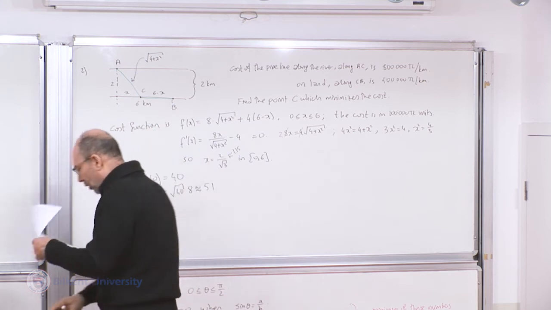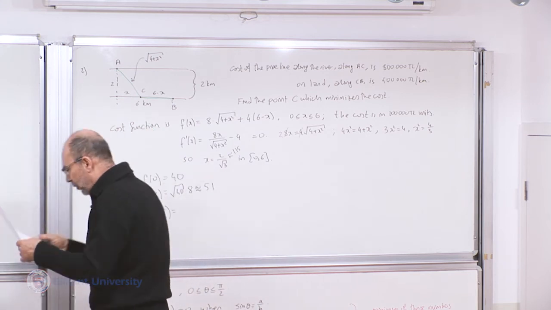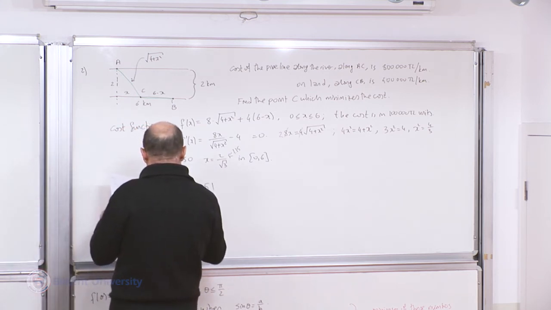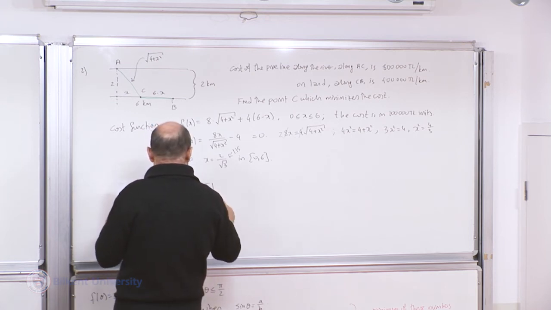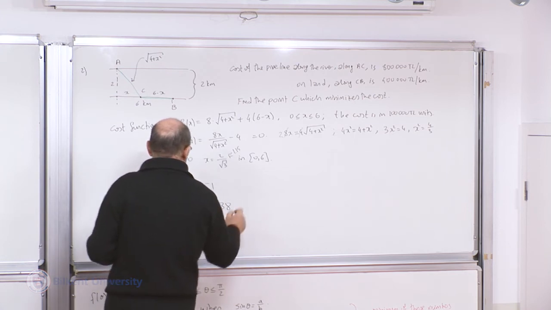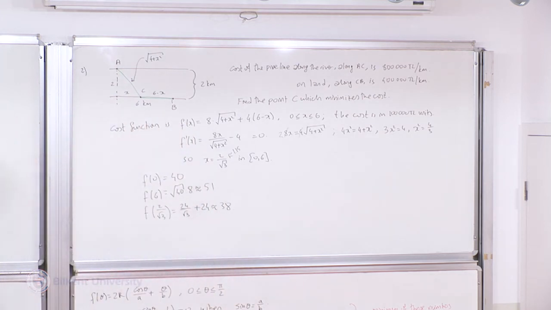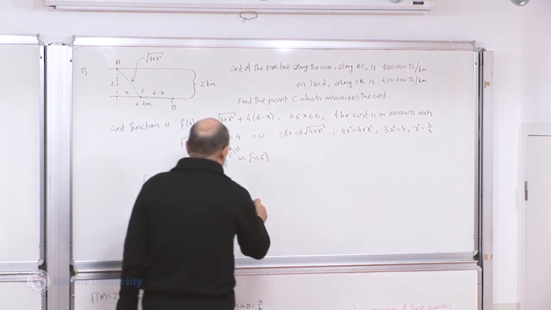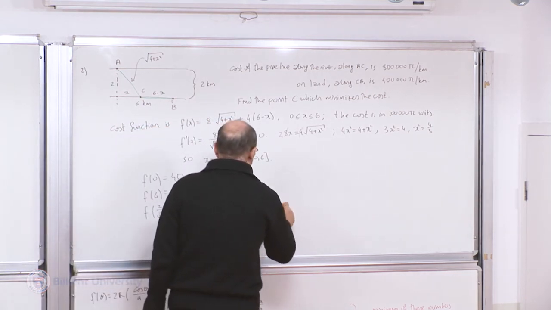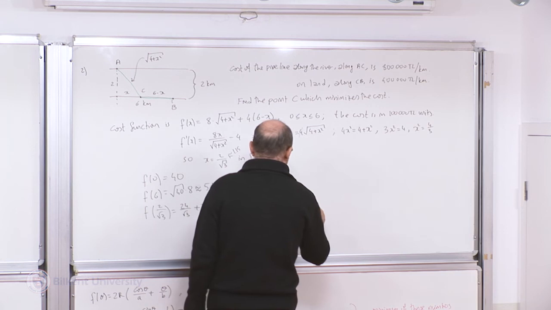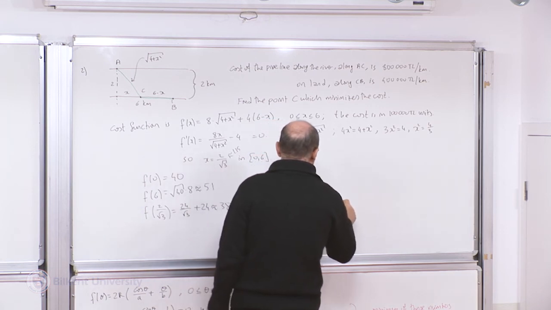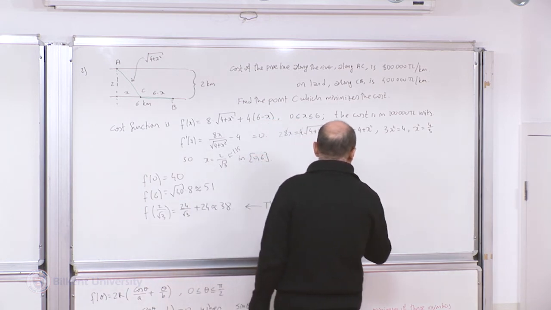Let me just write the answer. After you simplify this, it is 24 over square root 3 plus 24, so this is approximately 38. So you have these numbers, and now you decide that the critical point gives you the minimum. So the minimum occurs at the critical point.